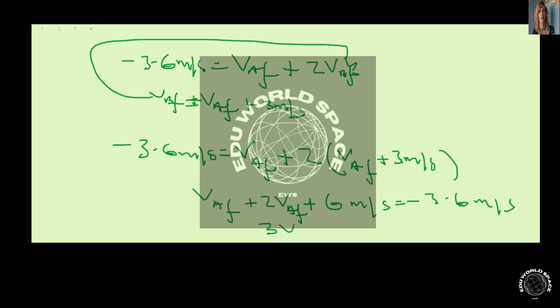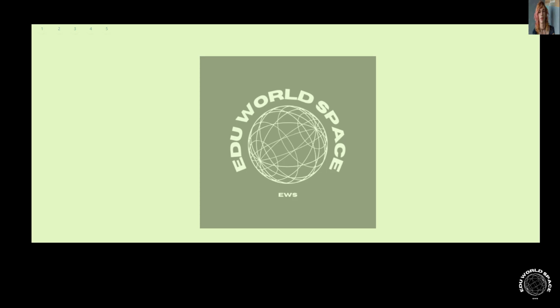So 3 final velocity of A equals, we move that to the other side, negative 9.6 meters per second. And on the next page, we get the final velocity of A, which happens to be negative 3.2 meters per second.